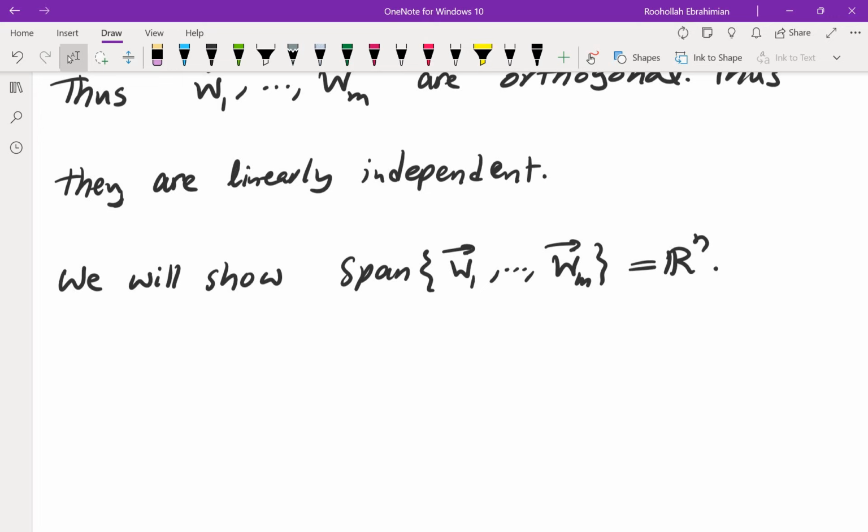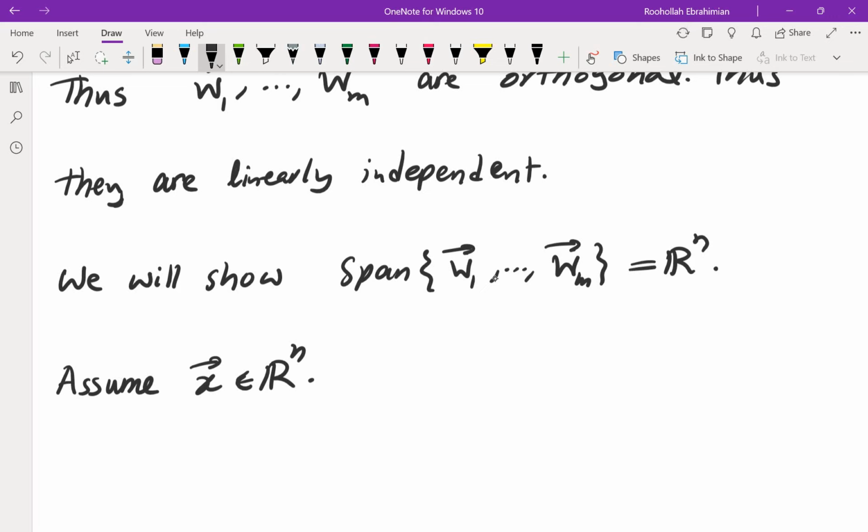So let's assume X is in Rn. We will have to show X is a linear combination of W1 through WM.